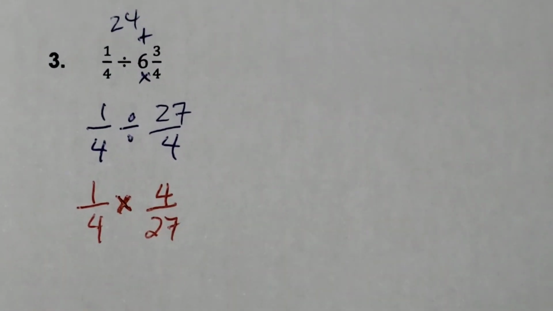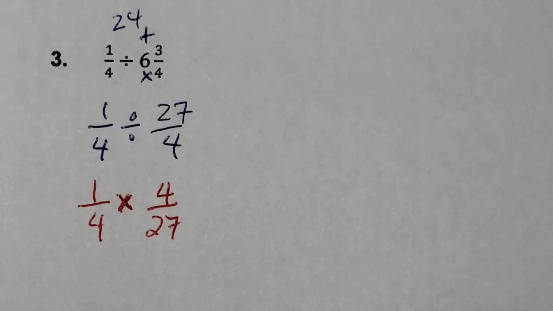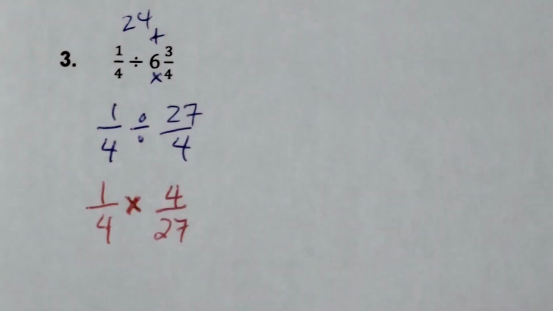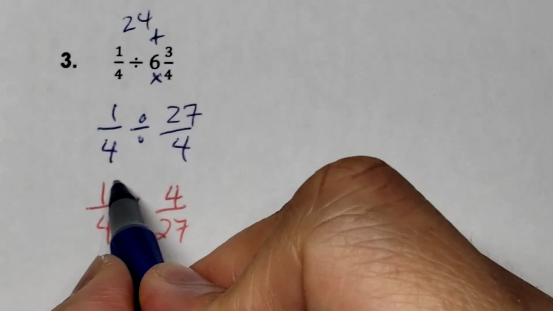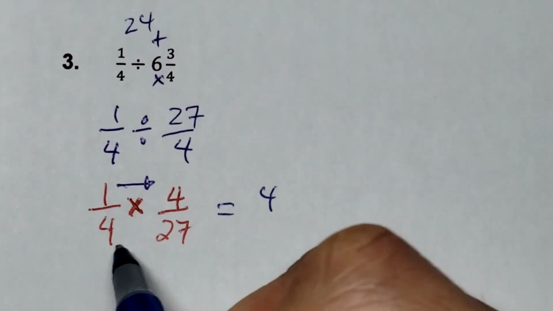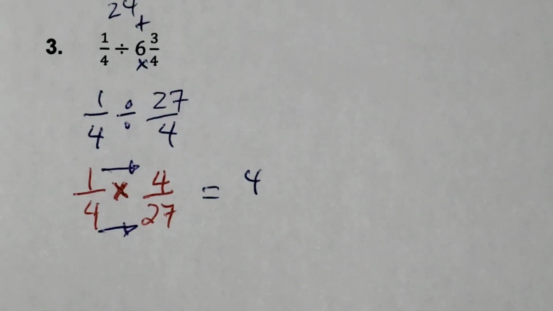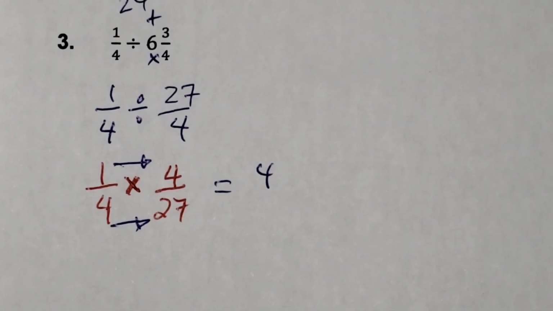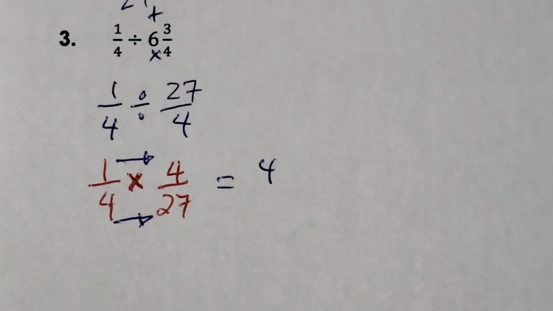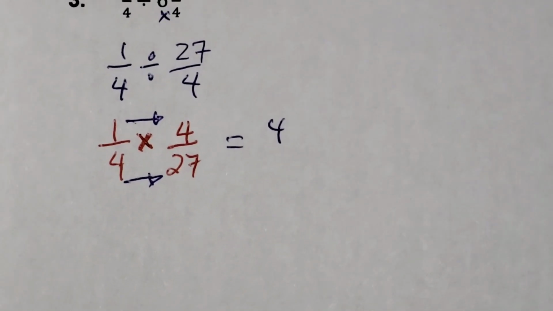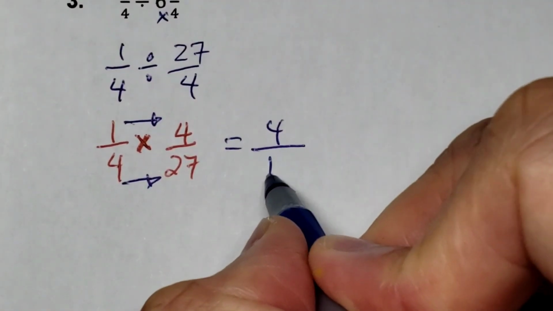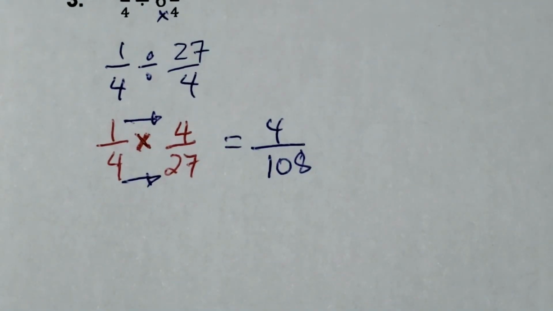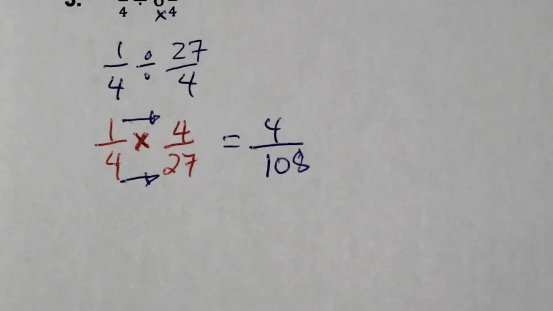So now, if we cross cancel, cross simplify, it will be much easier. Because if you multiply straight across, look what will happen. 1 times 4 is 4. 4 times 27, now you need to do your multi-digit multiplication skill, and you'll get 108. Now think about what is the common factor of 4 and 108.